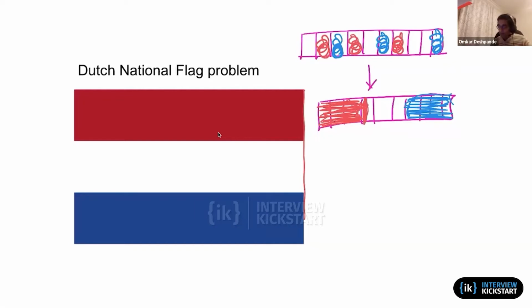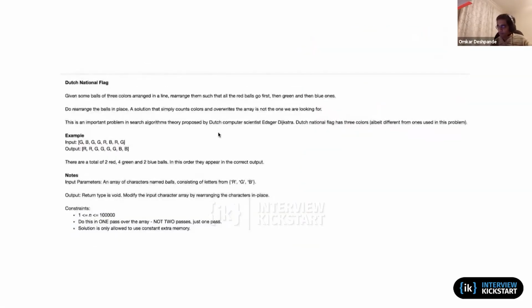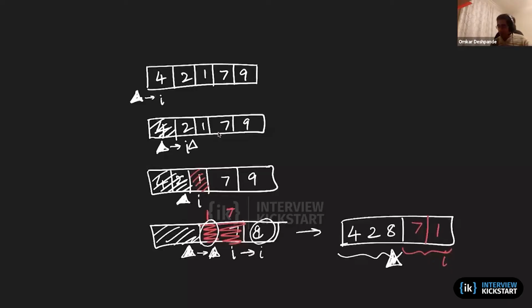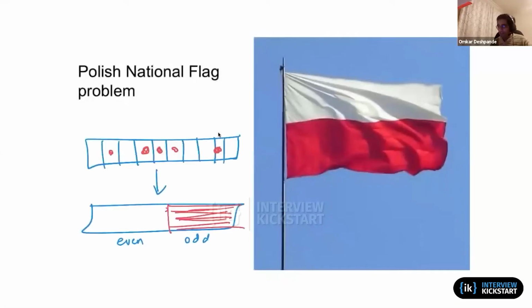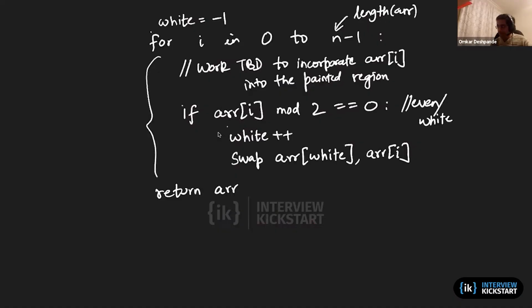And the requirements are the same. This needs to be done in a single pass, linear time, and using no auxiliary space beyond a few variables. So again, the Polish national flag problem is the two-color version.